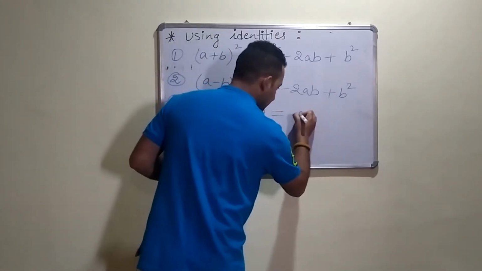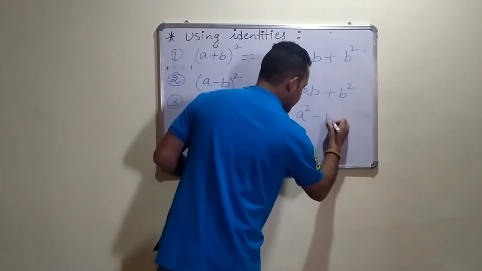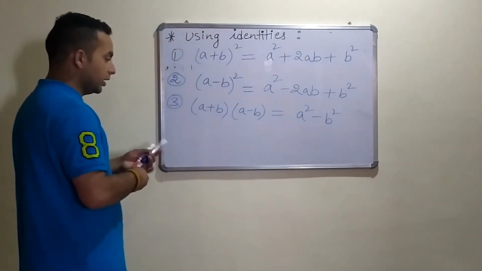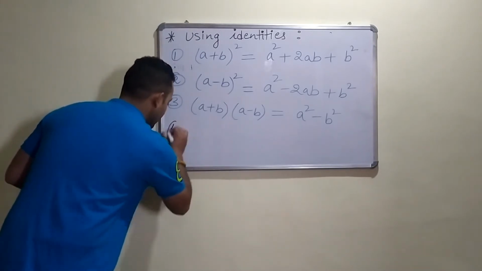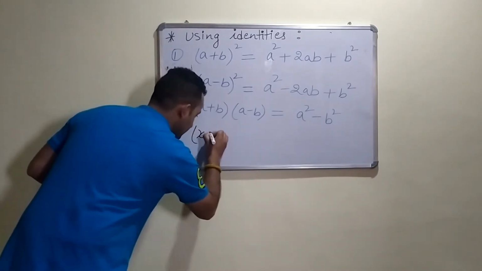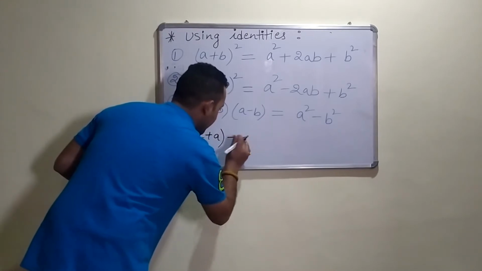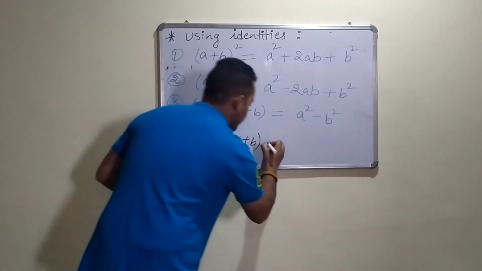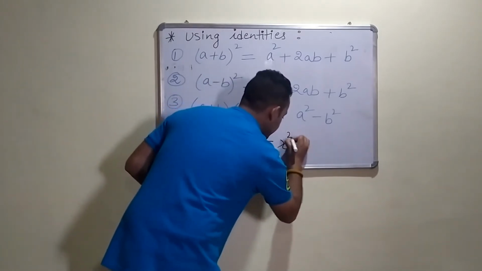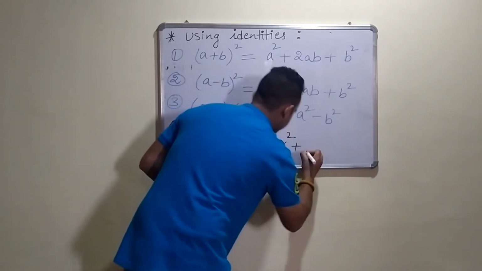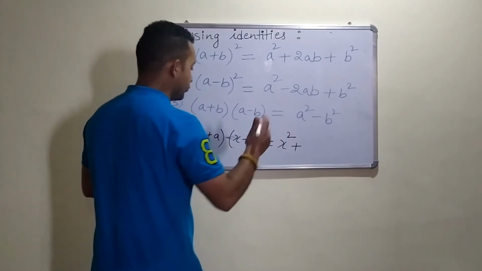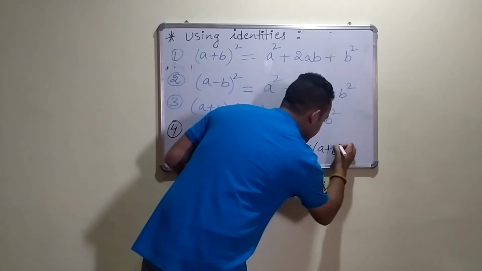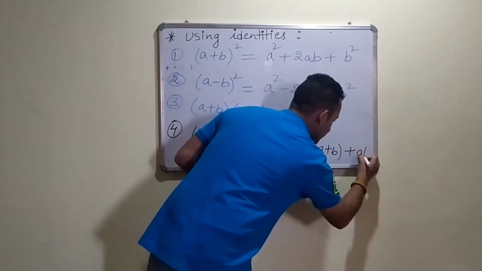So you can write it as a square minus b square. Okay class, and the last one, the fourth formula, is x plus a times x plus b is equal to x square plus x times a plus b plus ab.